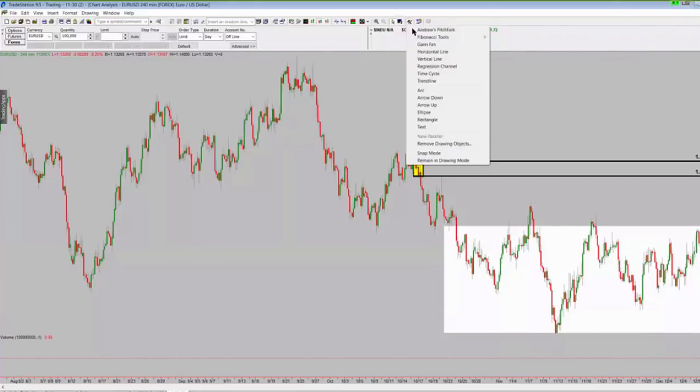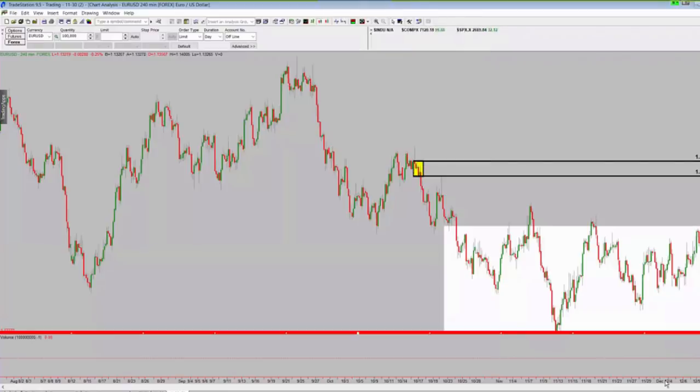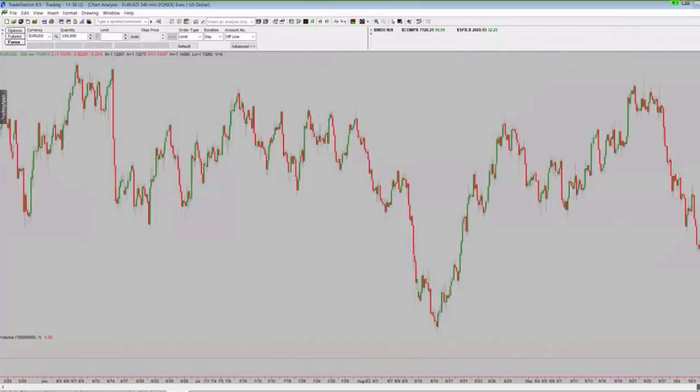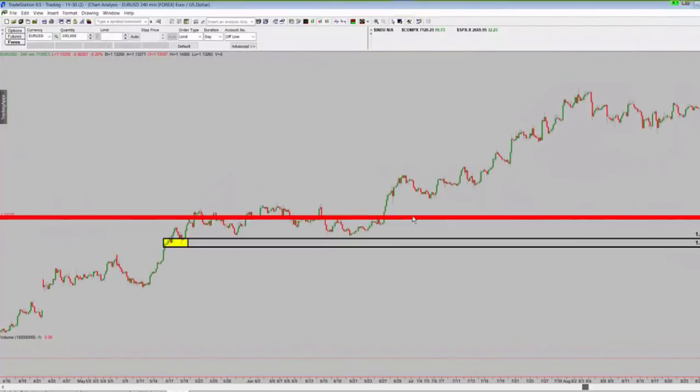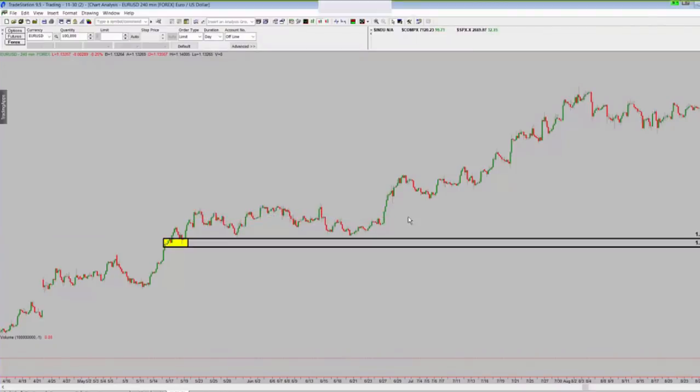And again, I'm just going to put a horizontal line in here at the bottom, just so we have a reference point. We're going to scroll left until we hit price. And there it is. Now we see sitting below current price, we have a demand zone. Not fresh though.